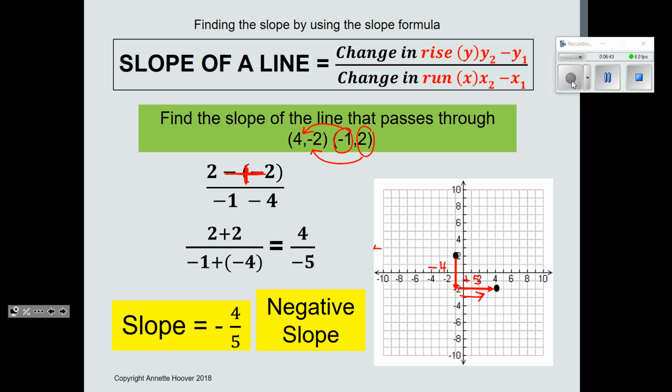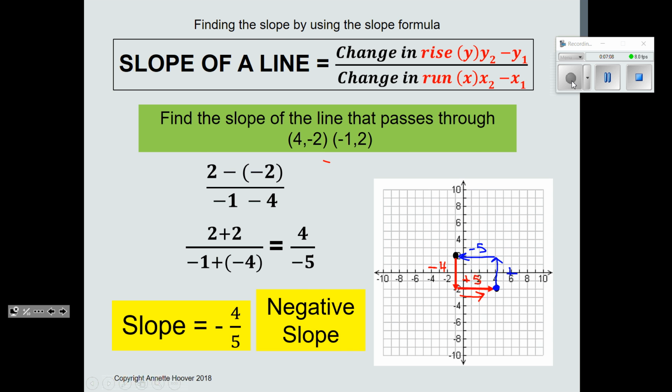So rise over run, and one of them was negative. You could also do your arrows the opposite way. You could start with this ordered pair, and you could go up a positive 4, and to the left a negative 5. This time you have 4 over negative 5, but that's still a negative 4/5 because there's one negative.